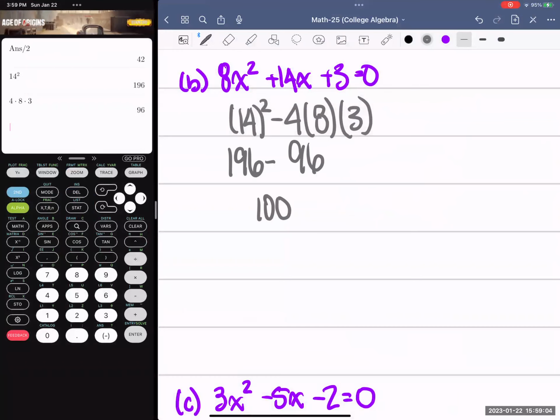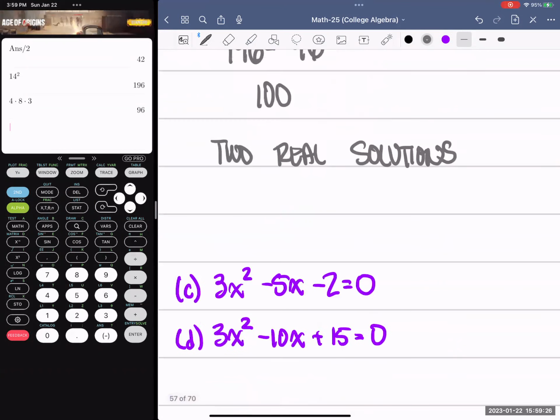Again, we don't care about the value itself. What we care about is whether it's negative, positive, or 0. In this case, it's a positive number, so we have two real solutions.